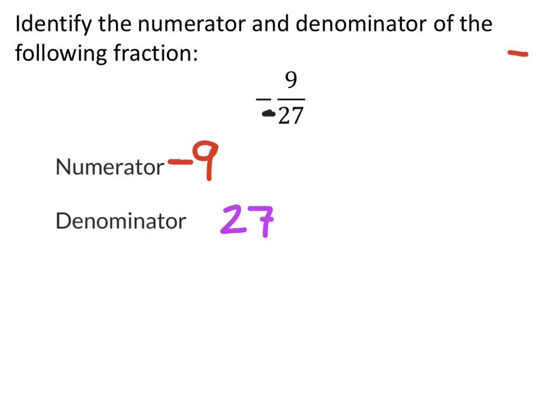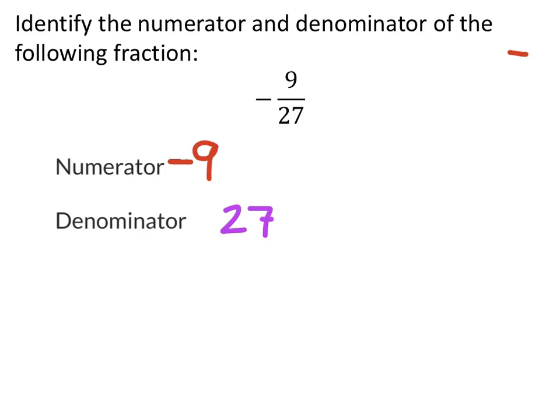If they showed the 27 specifically as negative, then they probably wouldn't show the negative out there in the front. So in other words, that would be gone. Okay. But as it was, the answer would be this way.